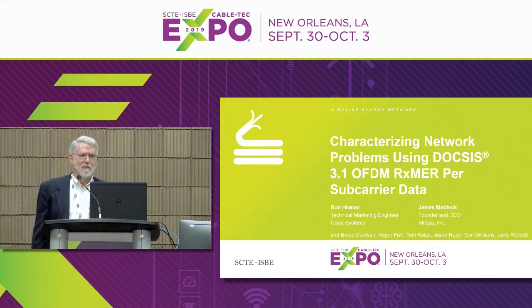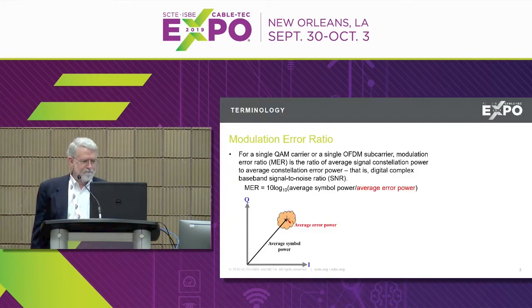In many cases, MER is tied to node health scores and so on. Modulation error ratio as a standalone metric on single carrier quadrature amplitude modulation, or SC-QAM, signals is a good metric, but it doesn't necessarily tell us why it's the value that it is.